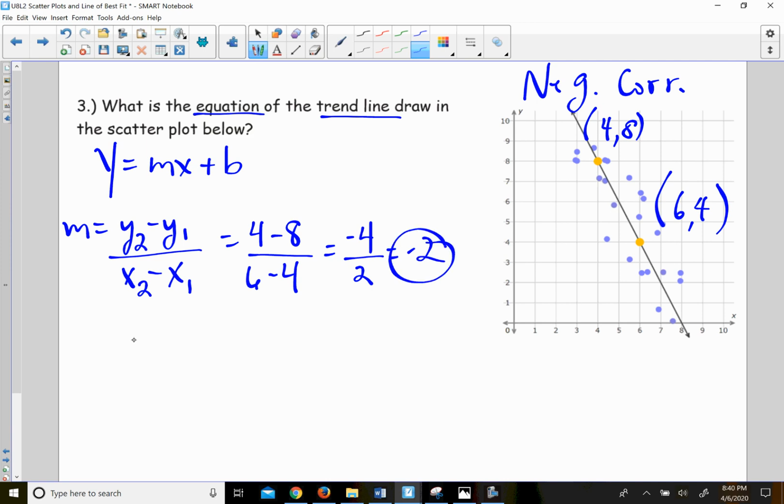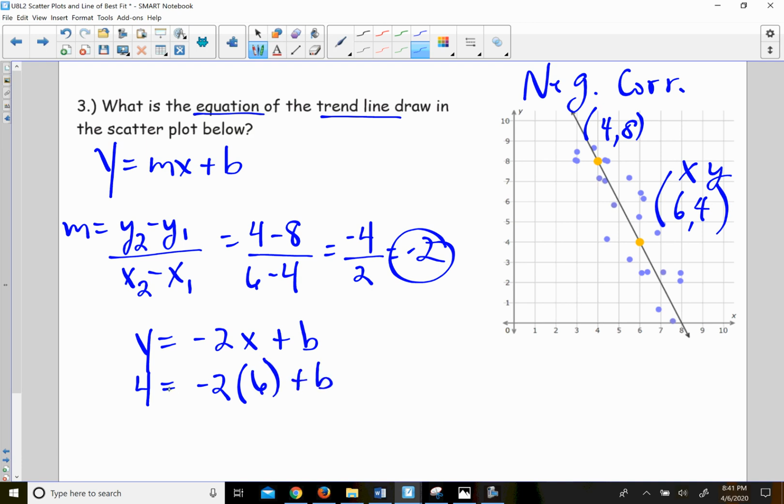So if I was going to write that equation, I know y equals negative 2x plus the y-intercept that we can't quite see. So all right, well, let's pick one of these points. I'm going to use 6, 4, which is an x and a y. So 4 for y, negative 2 times, let's plug in 6 for x, plus b. So I'm going to multiply those first. So negative 12 plus something equals 4.